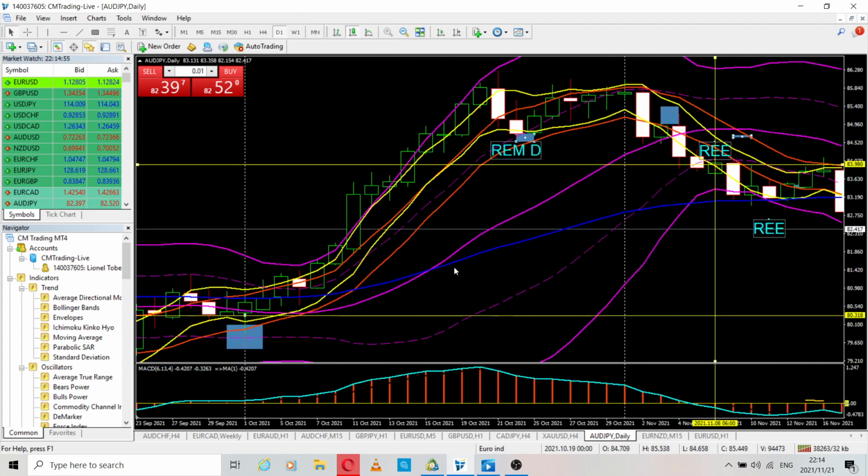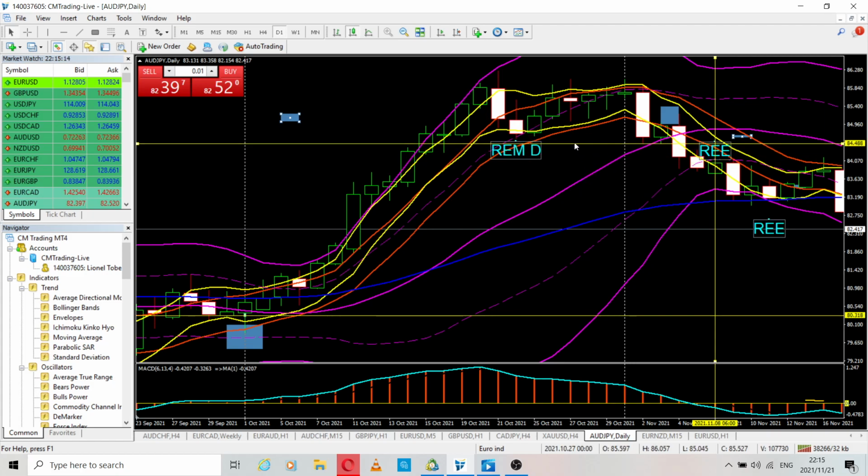I think it was on a daily time frame. So on a daily time frame, we had a CSM there. Then the market was still going up, then came for a re-entry there. So when the market came for a re-entry there, you put this thing there.